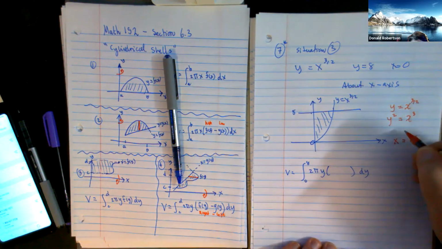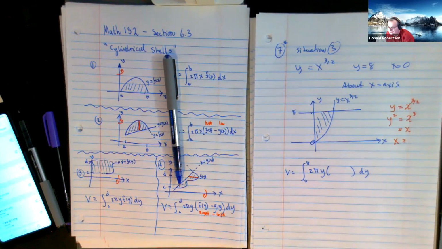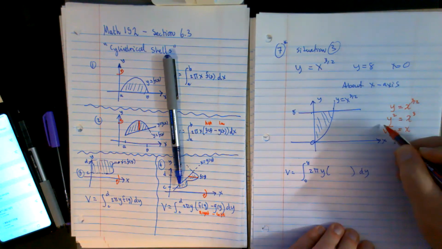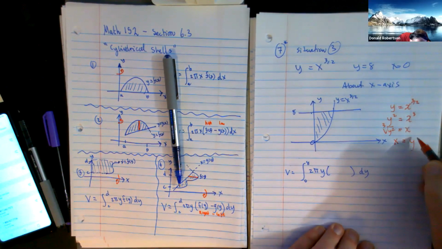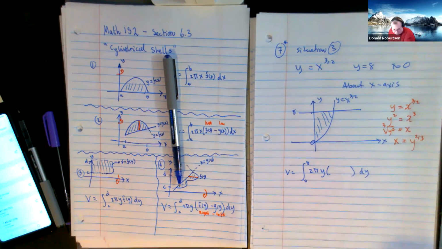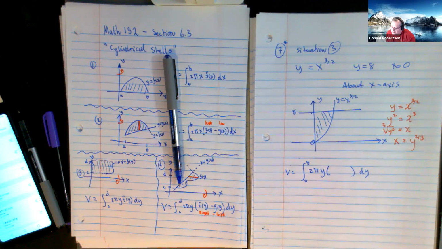Now, what do you think I'm going to do to both sides to get an x? Cube root. Going to do a cube root. And isn't the cube root of y squared also called y to the 2/3? Are you happy about how this became that? The algebra that I used to make it happen.